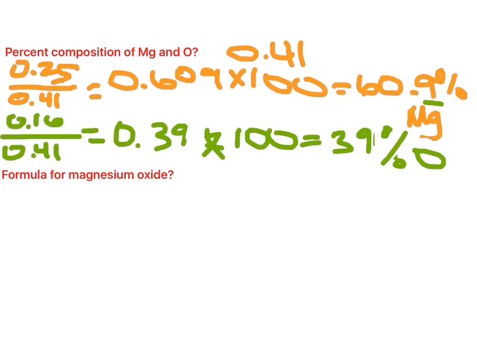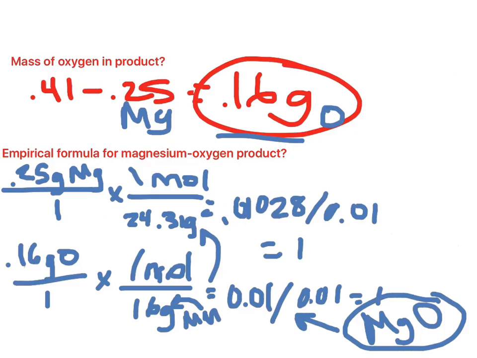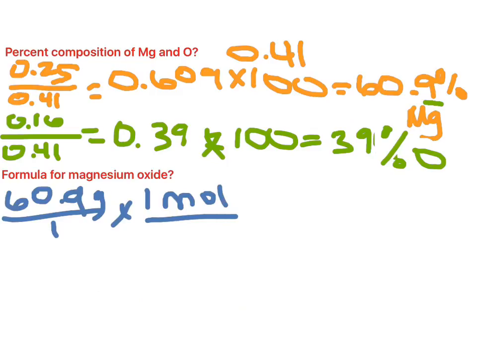So you're going to do 60.9, this is Mg first, times 1 mole over the mass, which is 24.31, which will give you whatever.